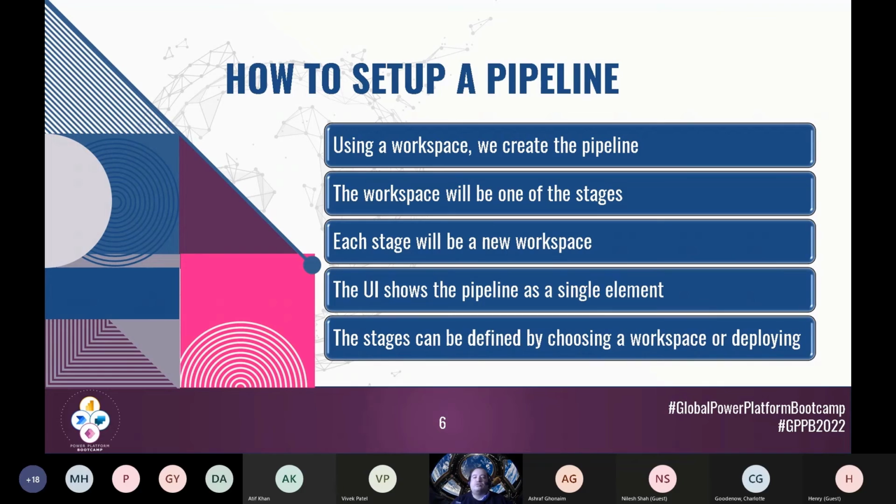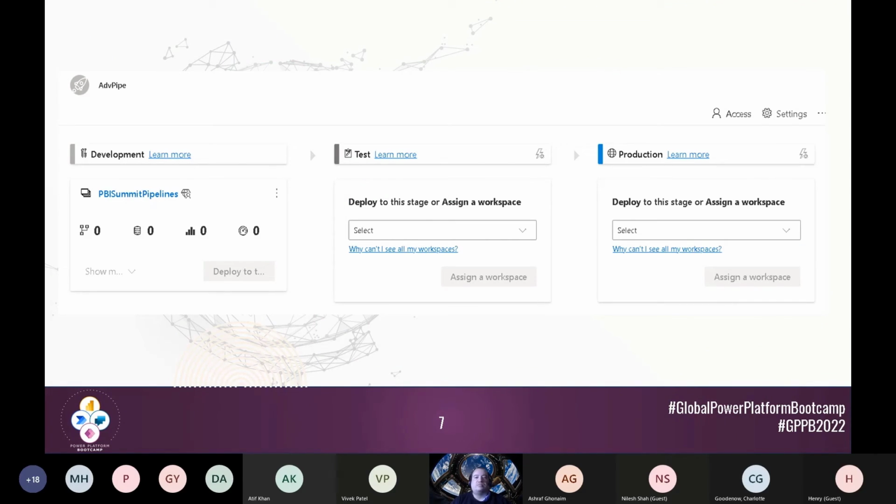So the options to define this stage are choosing an existing workspace or deploying through the workspace and letting Power BI automatically create the workspace for us. So this is the view for a deployment pipeline.